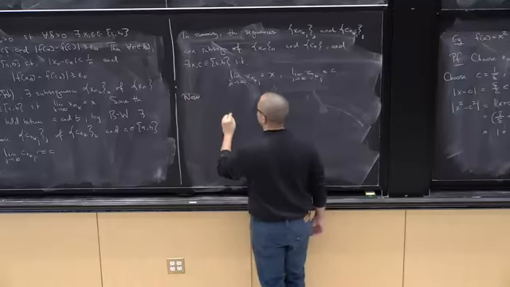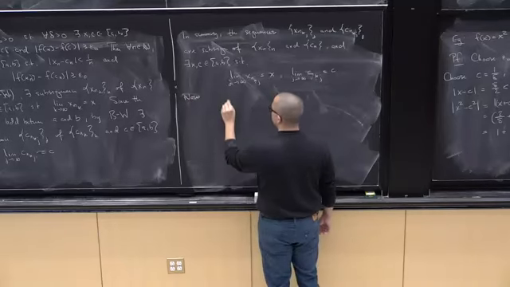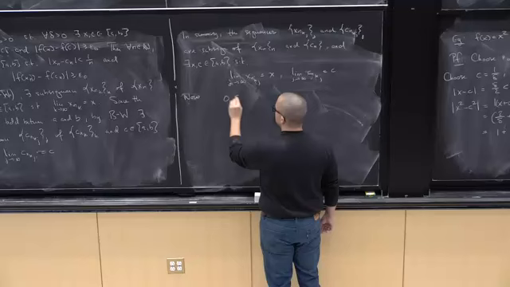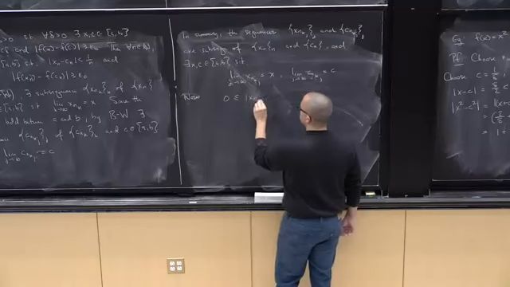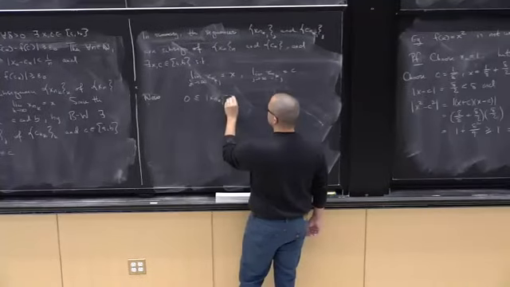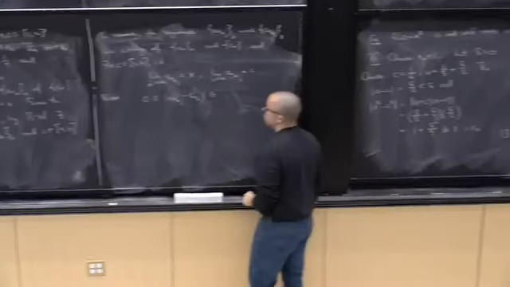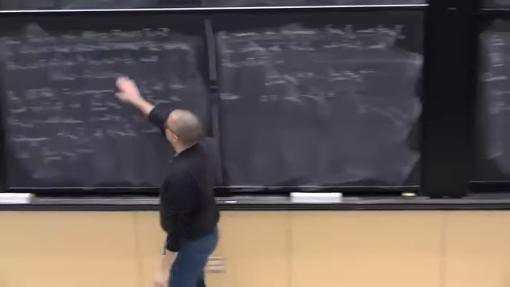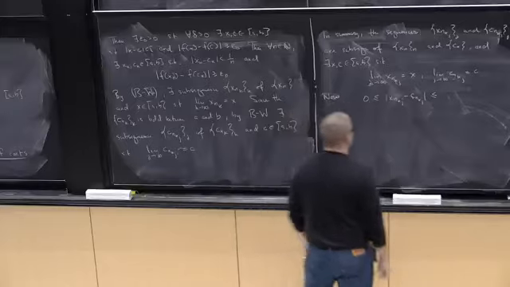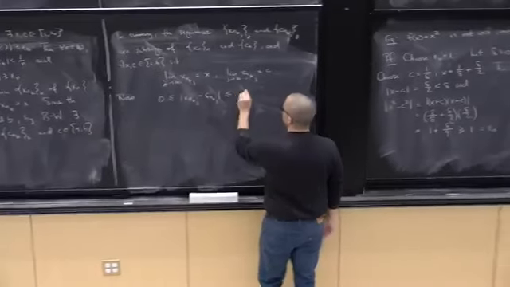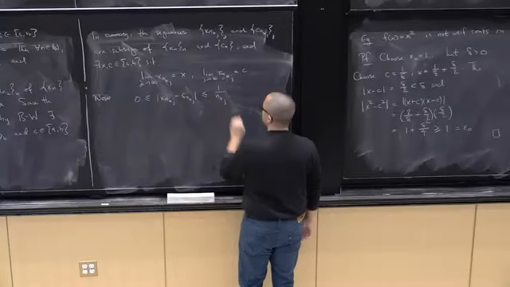Now, 0 is certainly less than or equal to |x_{n_{k_j}} minus c_{n_{k_j}}|, which, by how we've defined these sequences, is less than or equal to 1 over n_{k_j}.